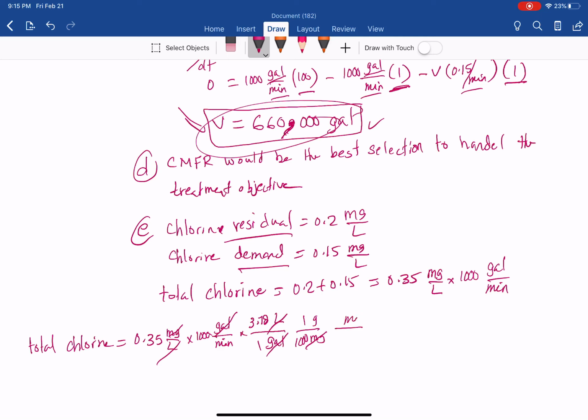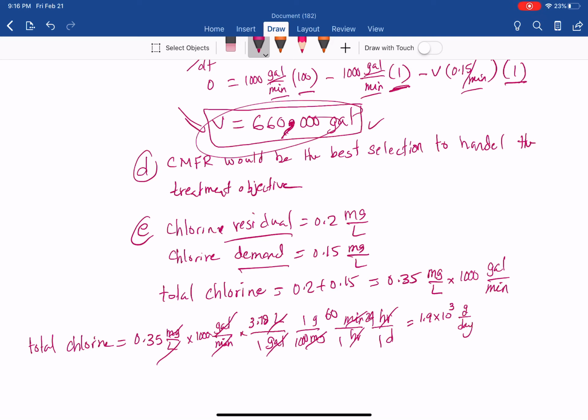So minute to hour, and then hour to day. So now it is good. 60 and 60, 24 over 1,000 times 3.78 times 1,000 times 0.35, and this would give you 1.9 times 10 to the 3 gram per day.